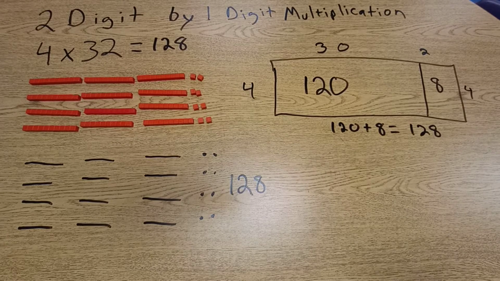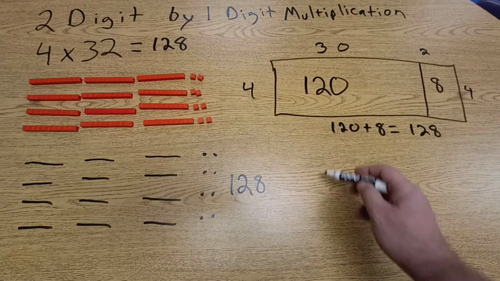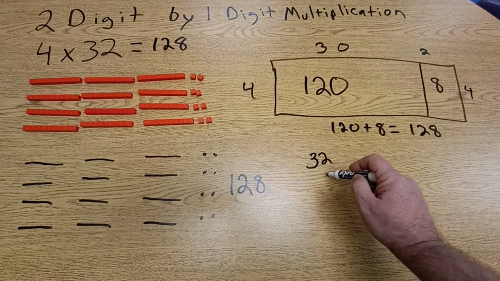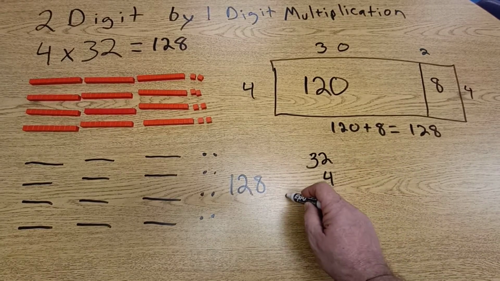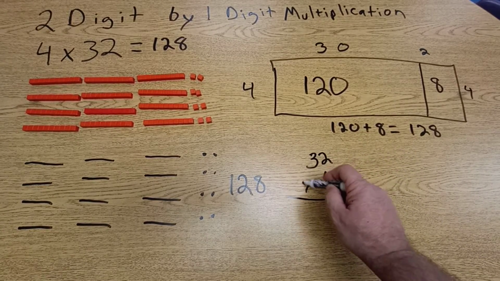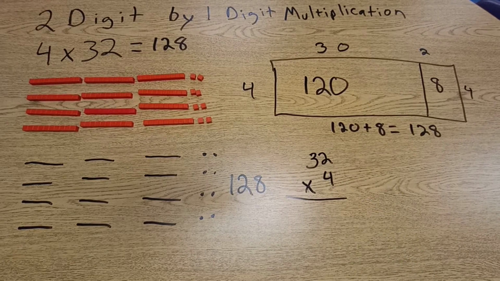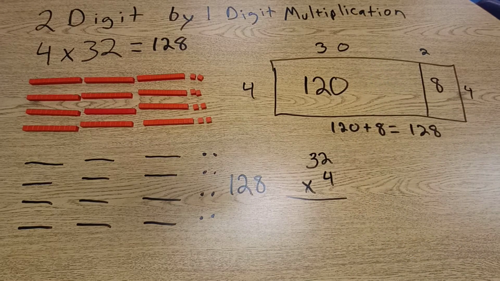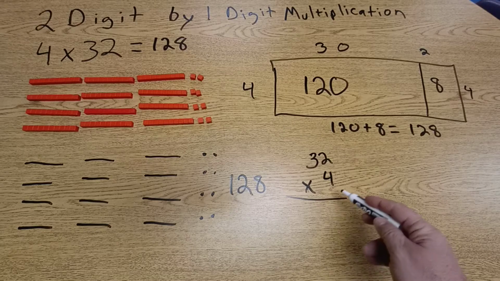Okay, and next thing we're going to do is something that looks a little bit more traditional. We would do 32 times 4. And this looks a little bit closer to the standard algorithm, the way we normally do it, but it's going to be partial product, and it's very similar to my area model. Sometimes we call the area model partial product also. But this is what it's going to look like.